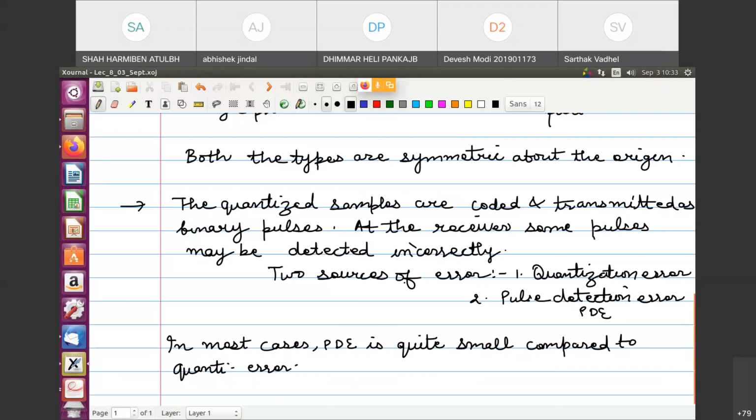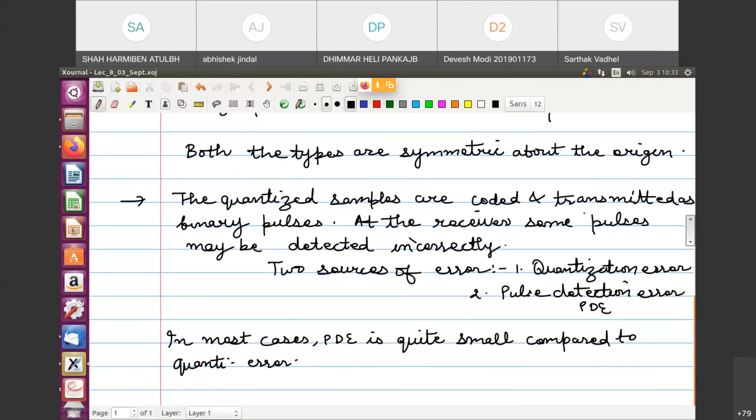Why? Because we will assume that the power level of the pulses which we are using is sufficient to bypass the inherent noise in the system. Inherent noise means that, let us say, something is propagating through a copper wire, so there will be some addition of noise.